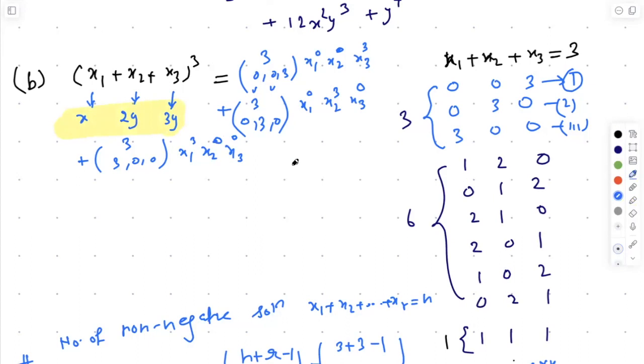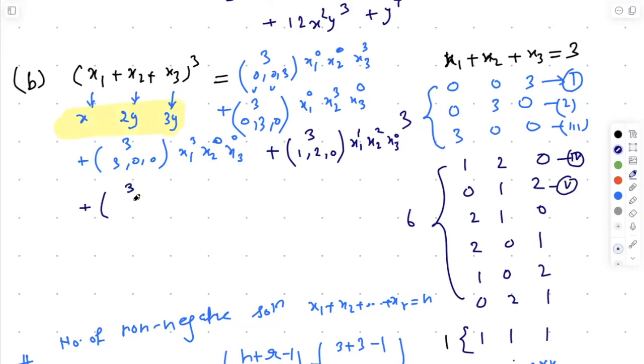I already told you. Next, let me consider this to be the fourth partition. Corresponding to the fourth partition, you will have the multinomial 3, 1, 2, 0, x1 power 1, x2 power 2, and x3 power 0 there. Agree?